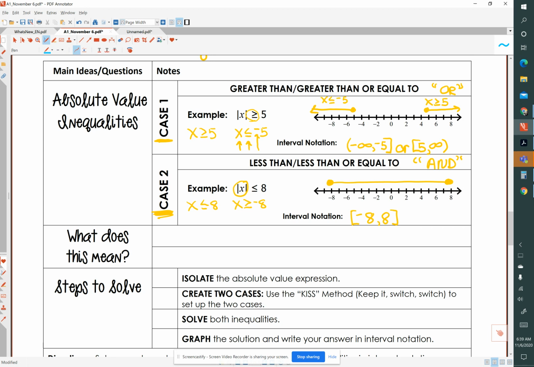So, what does this mean? It means that absolute value inequalities are really like compound inequalities.